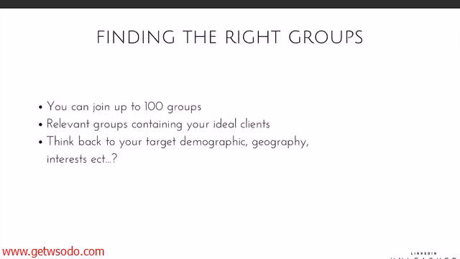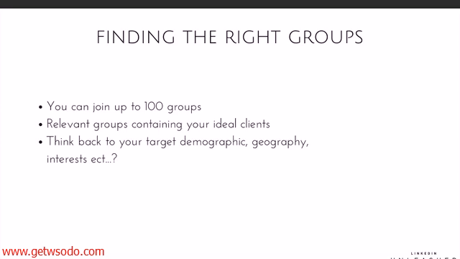So moving onto the next stage, finding the right groups. Just as a side note, you can join up to 100 groups on LinkedIn, but you don't want to be one of those people that joins every single group under the sun. You want to be joining the groups that are relevant, that will have your ideal prospects contained within them, whether it's people who are geographically targeted, so people that are within your location or around the world.